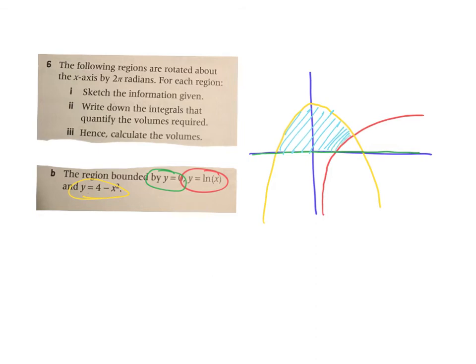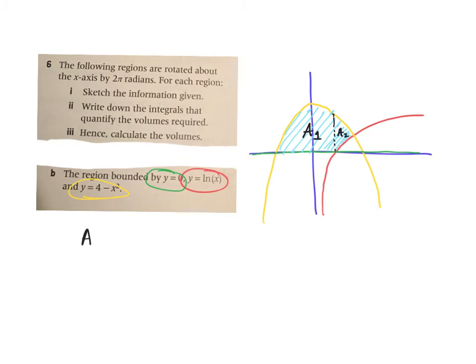So we've got a sketch. Now we're going to have to write down the integrals to quantify the volumes required. So we're going to end up doing the squaring and putting it around. But first we kind of got to piece this thing apart. And I'm going to argue that this is kind of a boundary point where we've got area 1 and then we've got area 2.